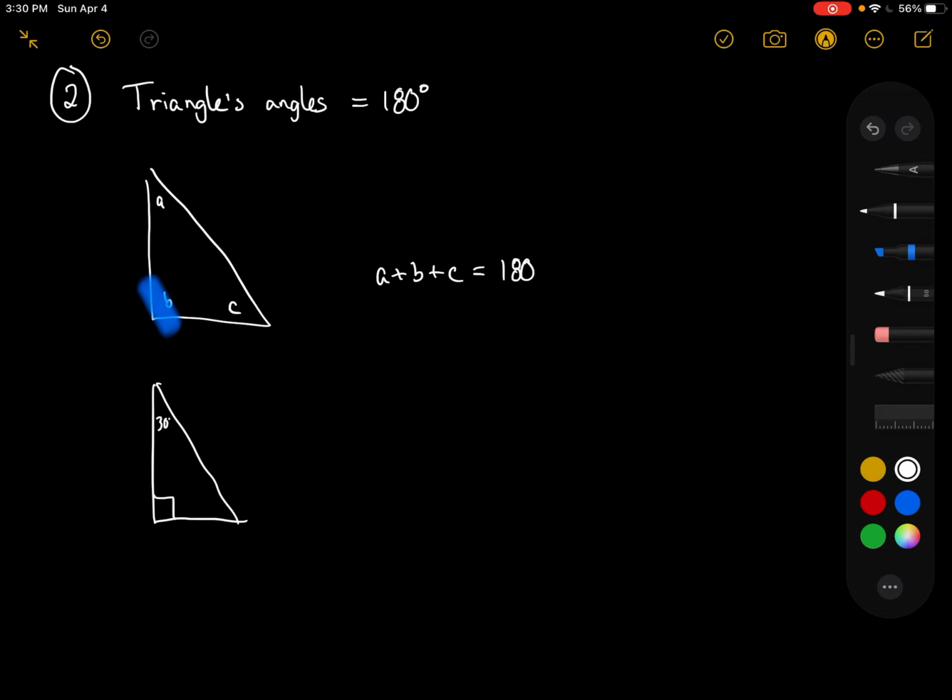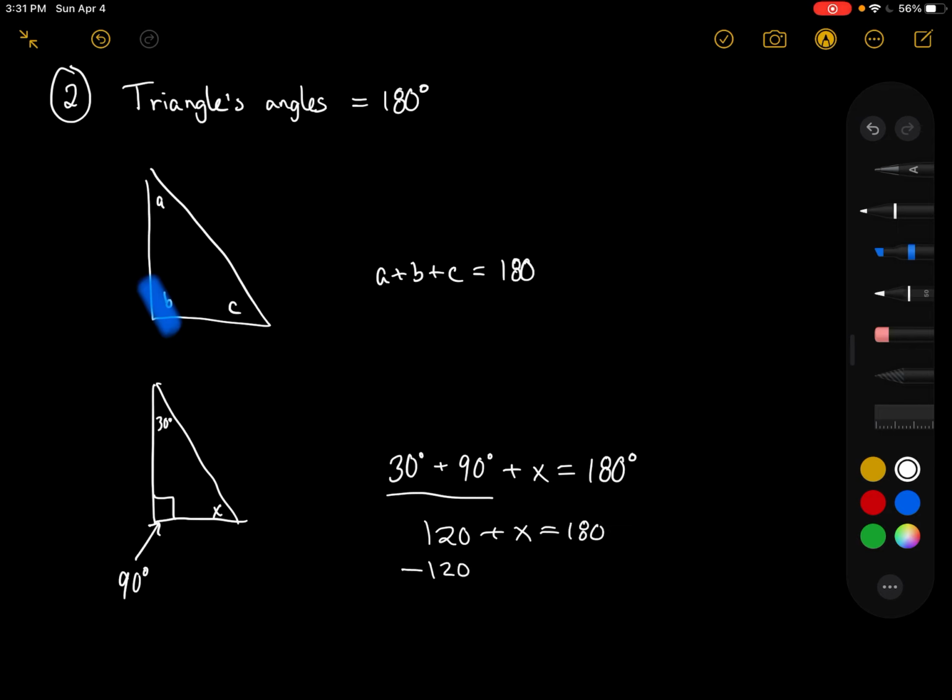So for example, let's say we're given this triangle here. We have that angle given to us, and then let's say this one's 30, and they want to know what is x. Well, again, remember, we know that that is 90 because it's marked as 90. So you got 30 plus 90 plus x equals 180 degrees.